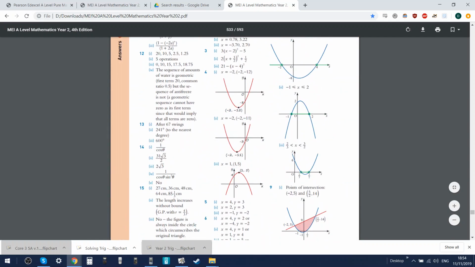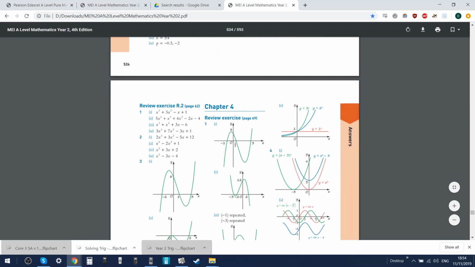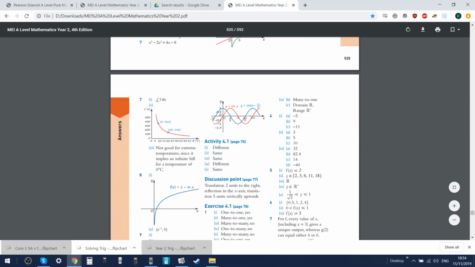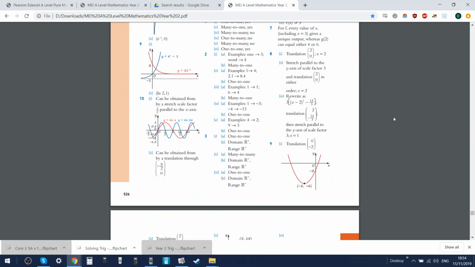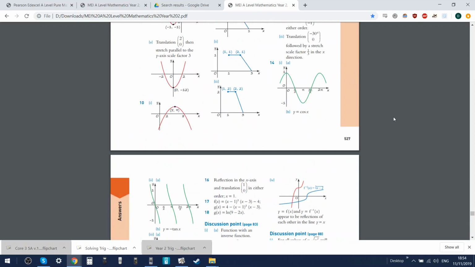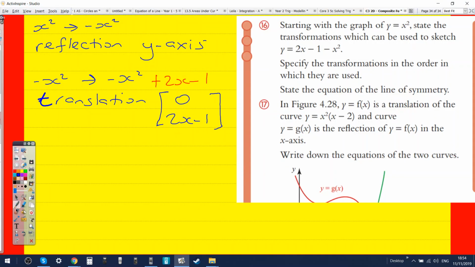Chapter 1, chapter 2, chapter 4. And this was question 16. 14, 15, 16. So it's a reflection in the x-axis. That was a reflection in the x-axis.